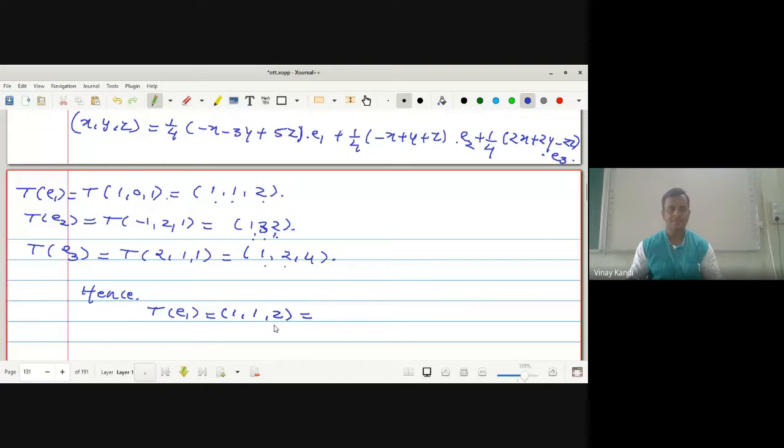And this vector we can write, put here now (1, 1, 2). So instead of x put 1, instead of y put 1, instead of z put 2. After solving, we get T of E1 as a linear combination, this is 3 by 2 into E1. Put here x is 1, y is 1, z is 2. So what we get?